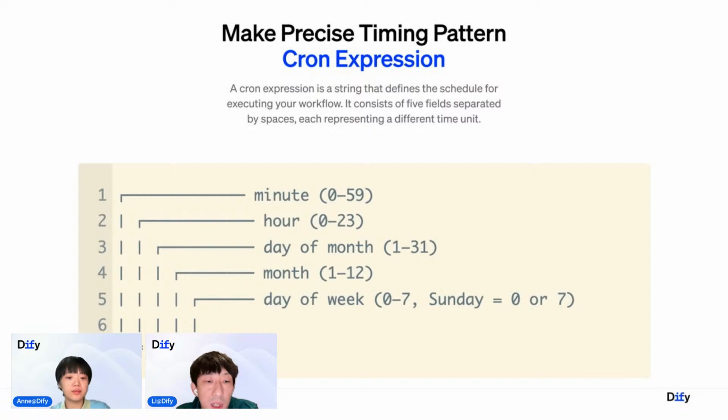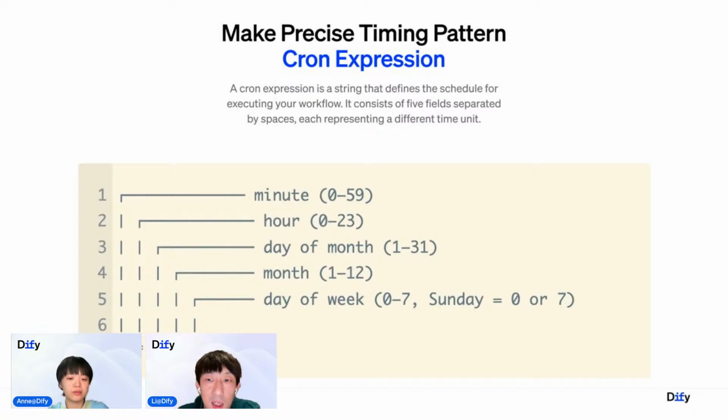The third one is the day of the month, from 1 to 31, and the fourth one is the month, from 1 to 12. And the day of the week is the last one. 0 represents Sunday, or 7 can also represent Sunday.